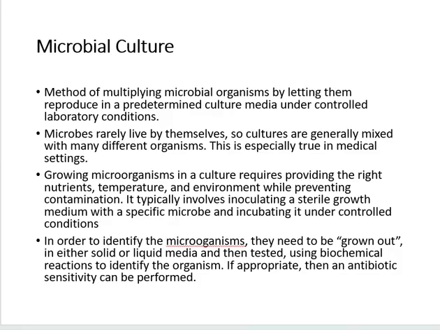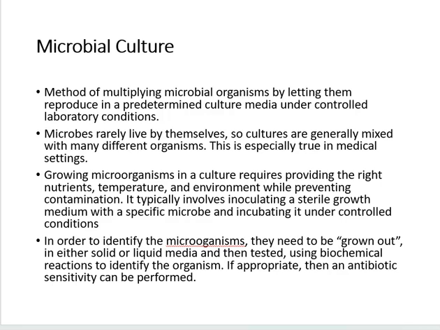So typically this involves inoculating a sterile medium with a specific microbe and incubating it under controlled conditions. So some organisms like it warmer, some of them like less oxygen.